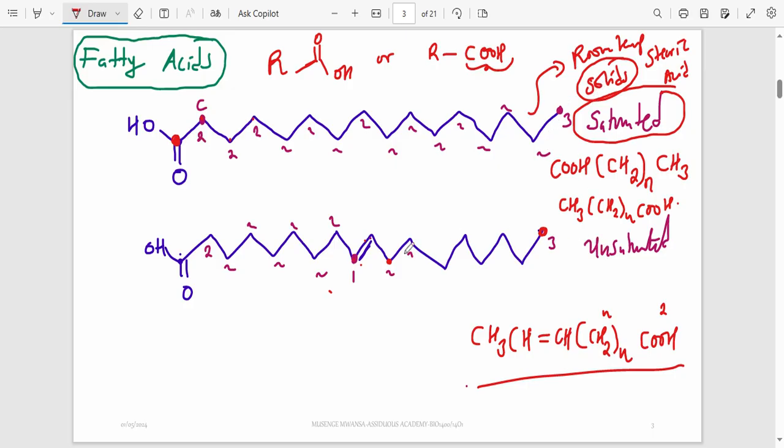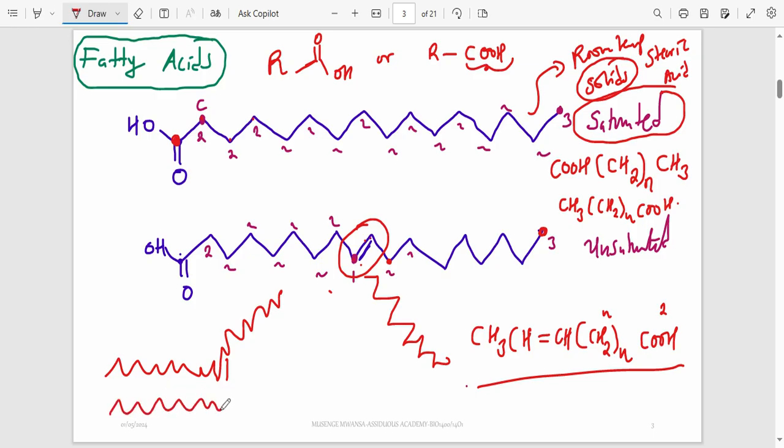Now, unsaturated fatty acids, because they create this kink, remember this double bond makes them tend, right? So they are going to create that kink. So if you have got one fatty acid like this, where the double bond is, it tends. And then you have got another fatty acid like this, where the double bond also tends. So are you able to notice that these two chains have gone away from each other?